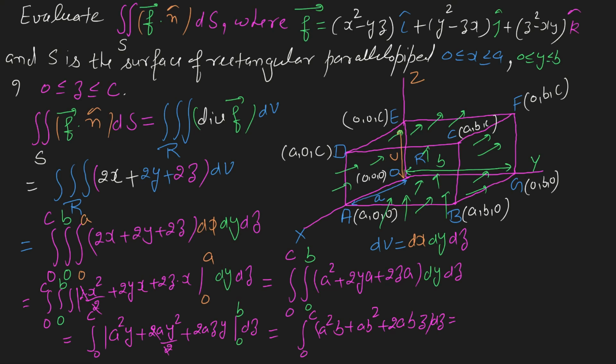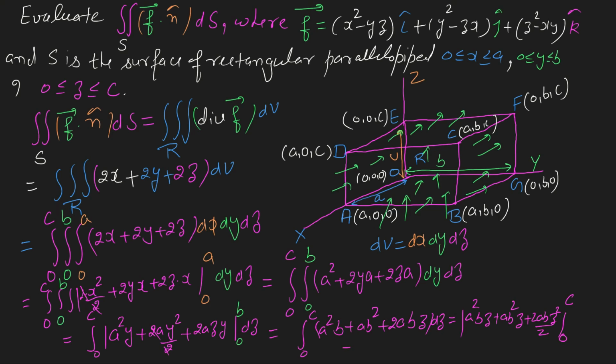Now with respect to z it will be a square b z, ab square z plus 2ab z square by 2, and limit is from 0 to c.